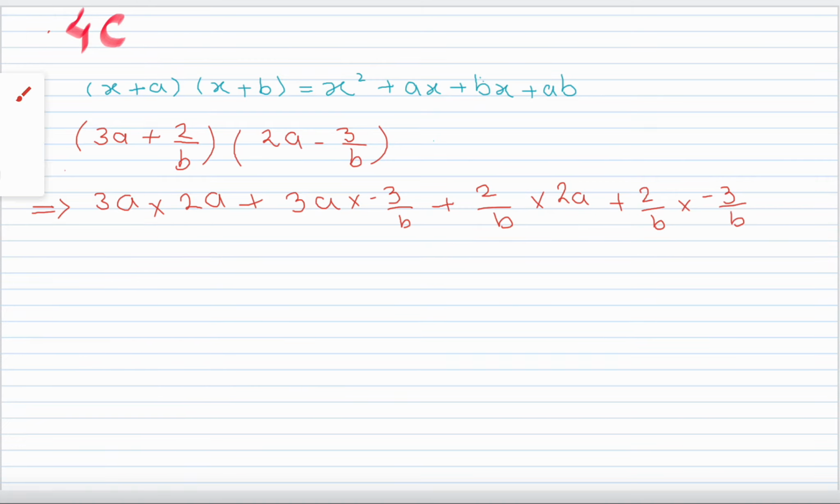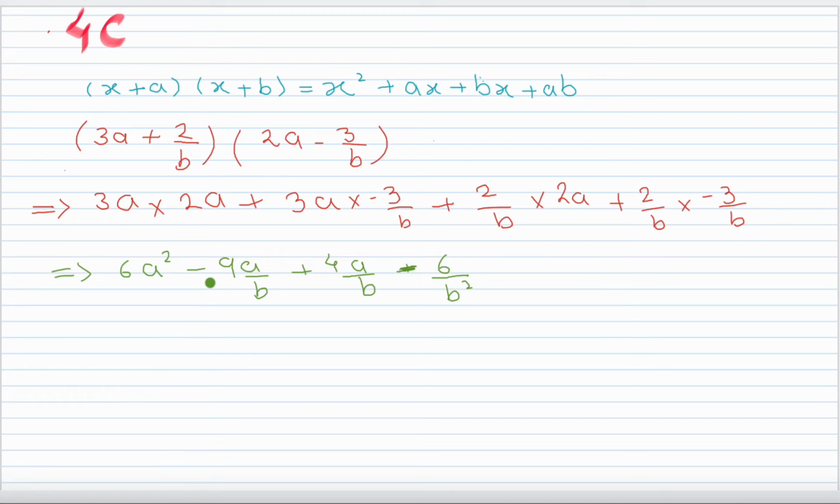Now simplify this one. When you simplify this, what will you get? 3 2s are 6a square, minus 3 into 3, 9a upon b, plus 4a upon b, plus minus sign we have to write because this one is minus, 3 into 2, 6 upon b square.